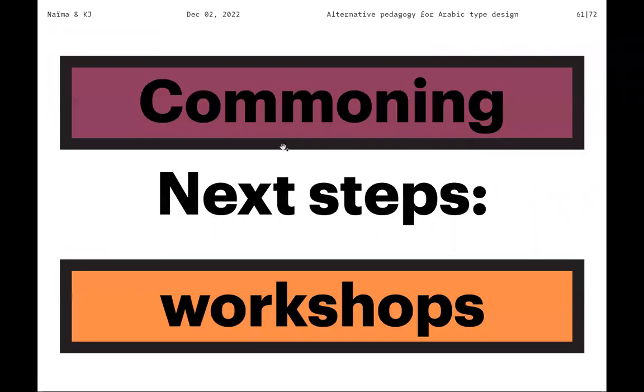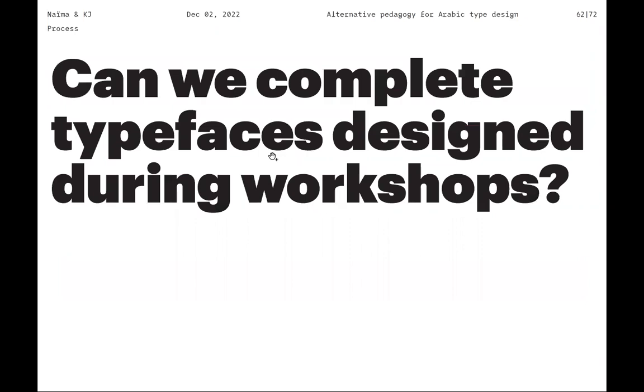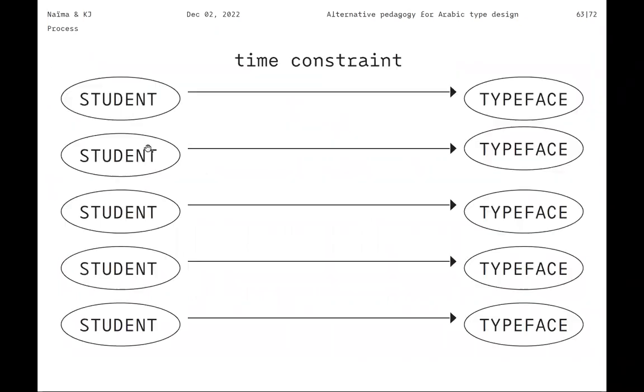And then, again, to talk about next steps, but also what workshops could look like in the future for us. We went back to this idea of how do we complete typefaces during short period workshops. And when you do a type design workshop, even in a small format, we still follow that logic of one student, one project, which is the logic that you have when you do a master in type design.